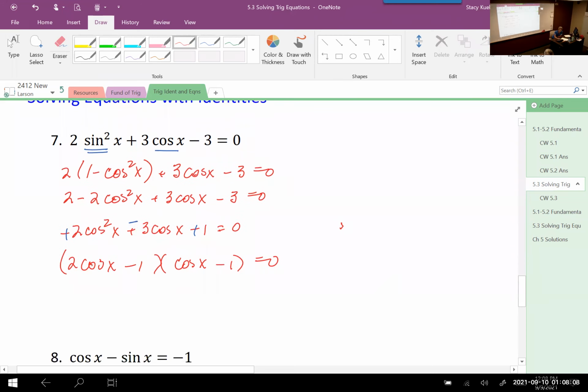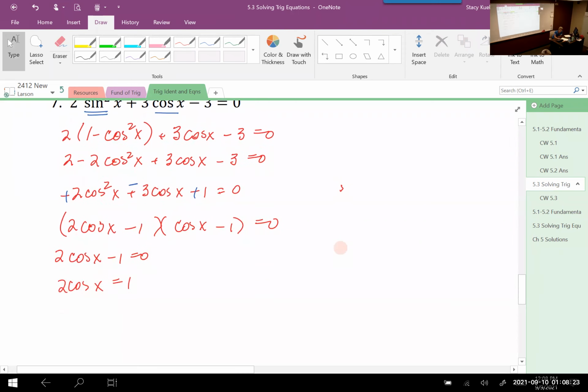Now we go back and we've got our 2 separate equations. So 2 cosine x minus 1 equals 0. 2 cosine x is equal to 1, or cosine x is equal to 1/2.